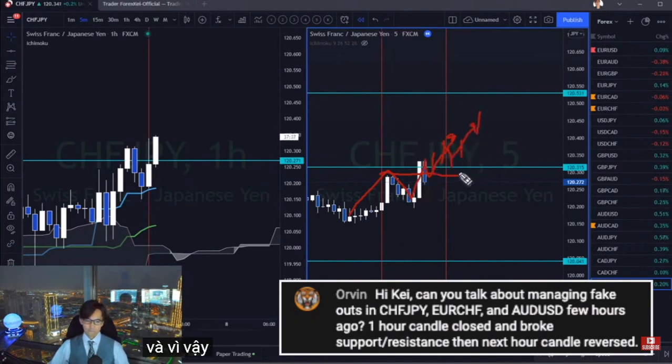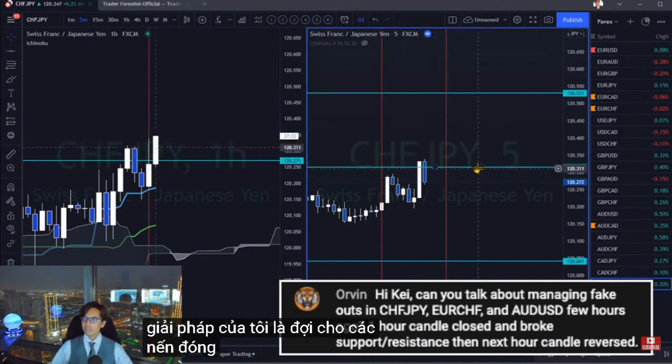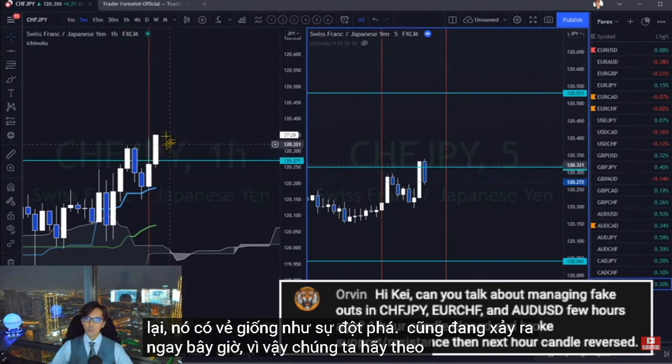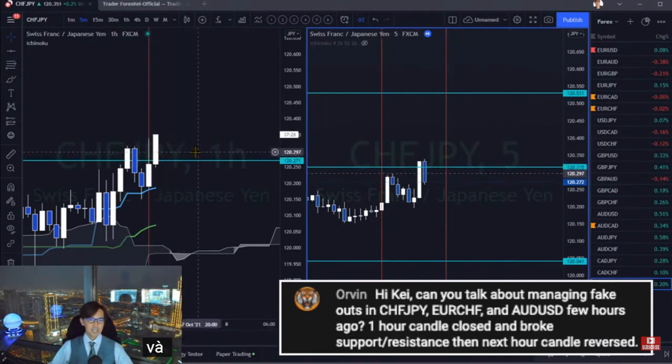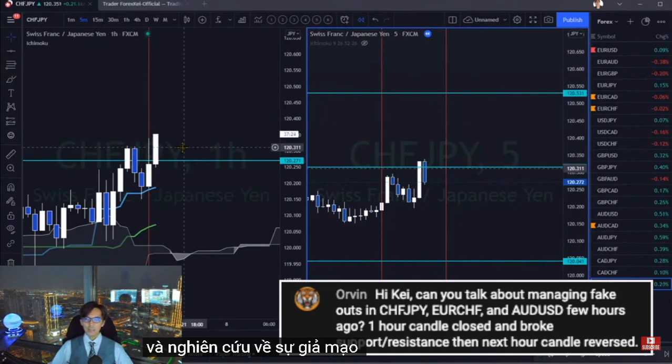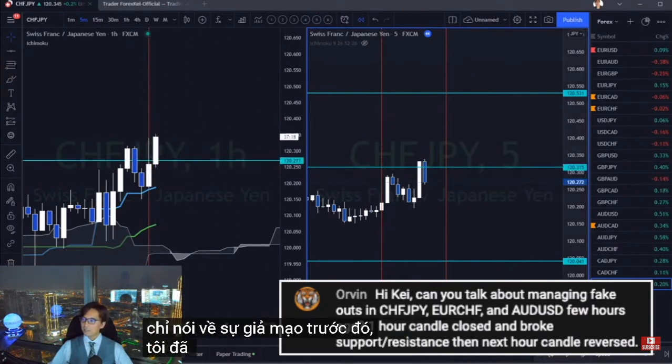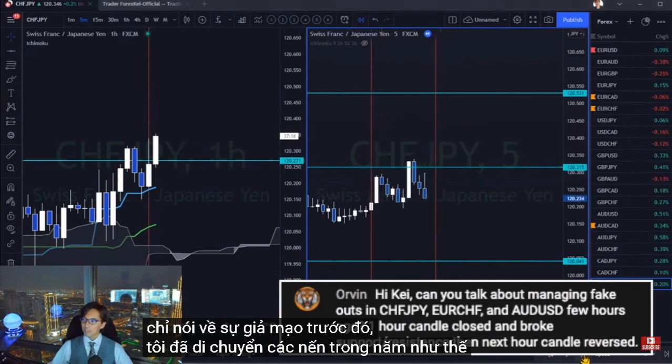My suggestion is to wait for the candlestick close. It looks like a breakout is happening right now also. So let's watch the real market and study whether it's a fake out or not. I was just talking about this previous fake out, and I moved the candles in the 5 like this.